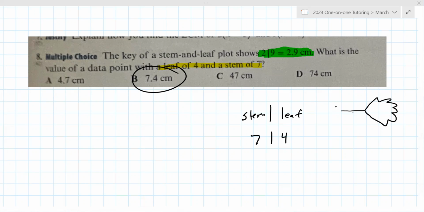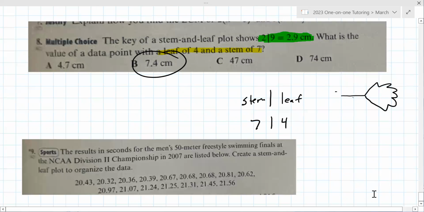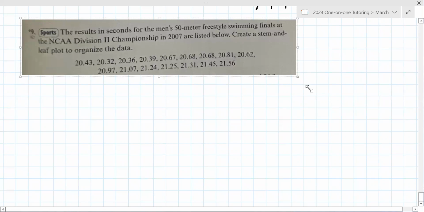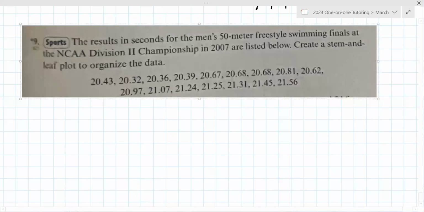All right, the next one here. Are the numbers at least in order? Nope. Okay, so the way to do this is you have to put the numbers in order, and you also have to decide what to make the stems and the leaves.